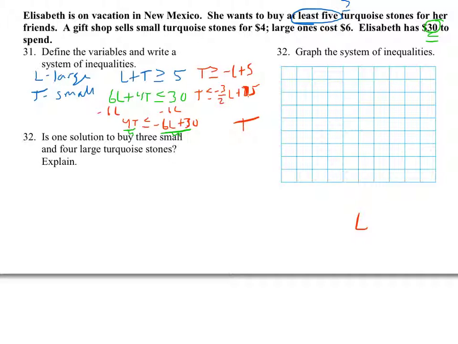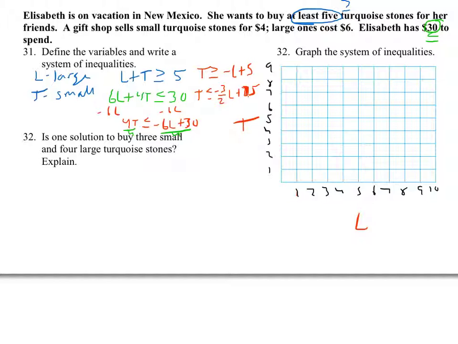And I think going up to 10 should be good. So let's go black. 1, 2, 3, 4, 5, 6, 7, 8, 9, 10.